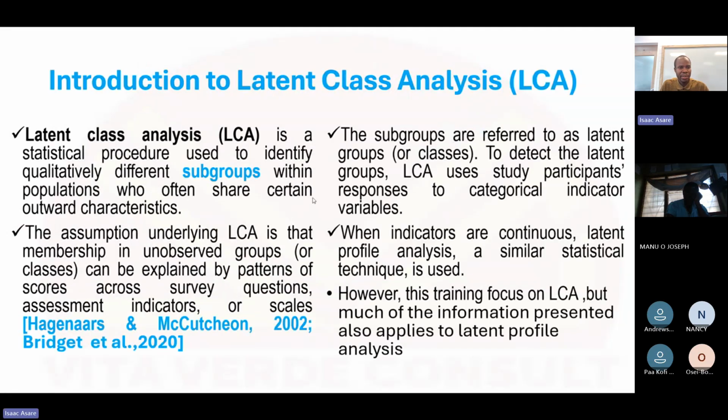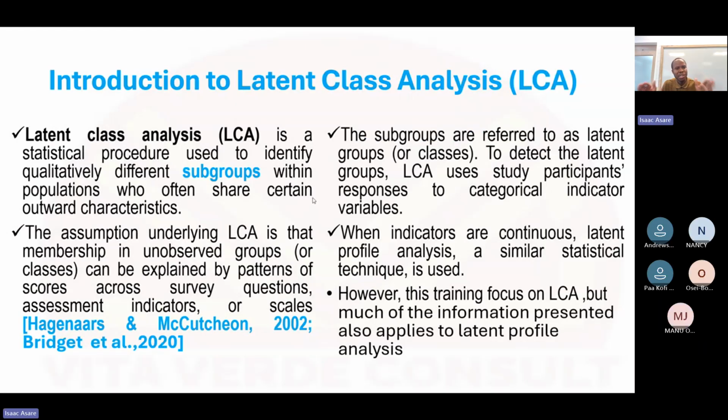So we are looking at what is called latent class analysis. Latent class analysis. Yeah, so the latent class analysis basically is one of the statistical techniques that we use to analyze data, especially if you want to look at how certain individuals share common characteristics.